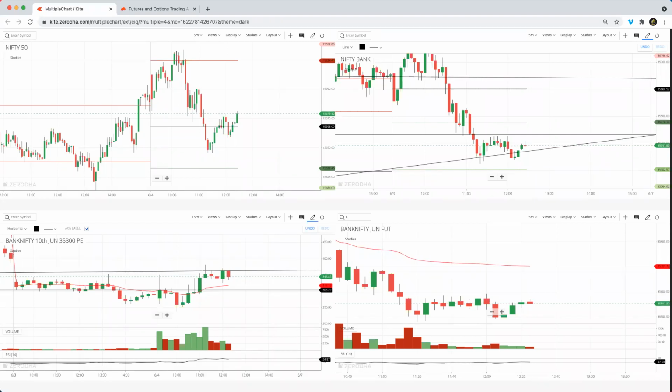Such a slow market now. Nifty looks like it's not going to stop.